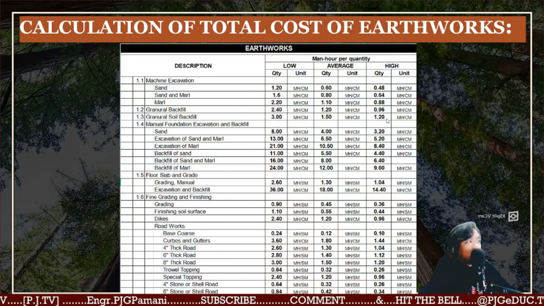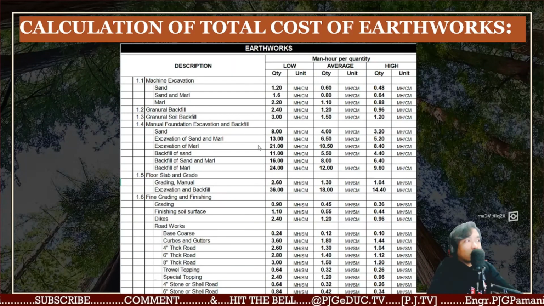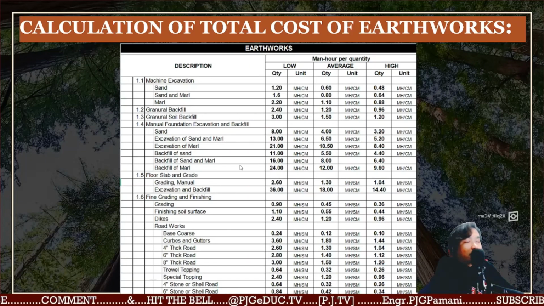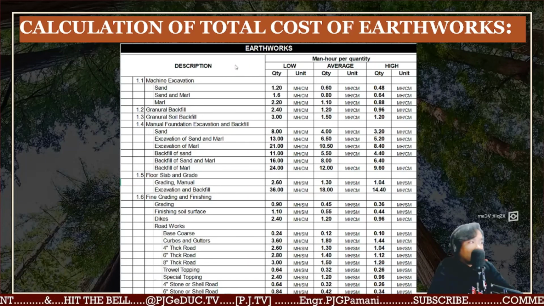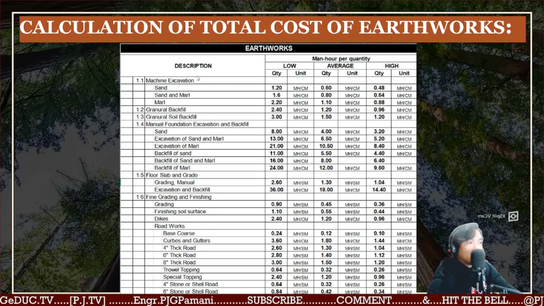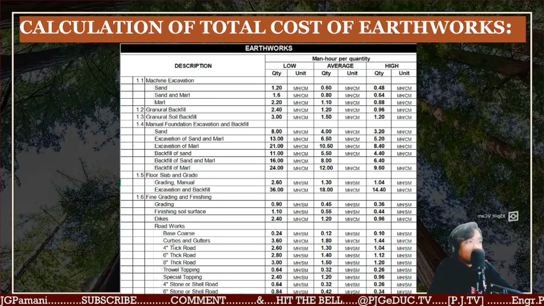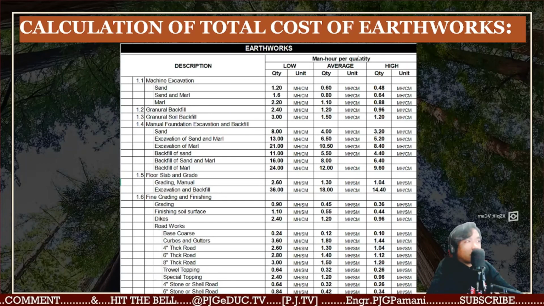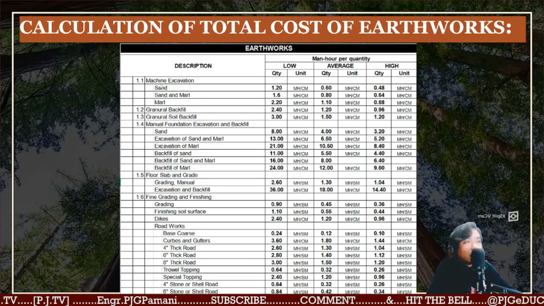Now, this is some example data when it comes to an earthworks estimate table. Ito yung example lang naman po. Ito yung material section or description section. Ito yung quantity, yung average, at saka yung height. Man-hour per quantity kasi yung data dito based on manpower at saka doon sa requirement. You have your machine excavation, lahat yan kailangan yung isama.